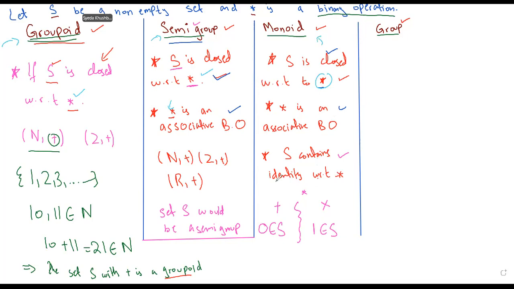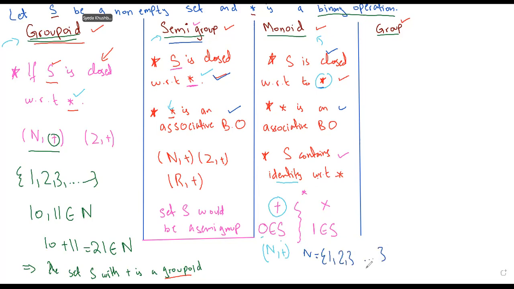Now, what do we understand by identity? We discussed this in detail, but obviously some students are new. So I'll give you an idea this way: if we have the binary operation of addition, if 0 belongs to that set, then S contains identity. For example, the set of natural numbers with addition. How do we define natural numbers? N equals 1, 2, 3, and so on, right?